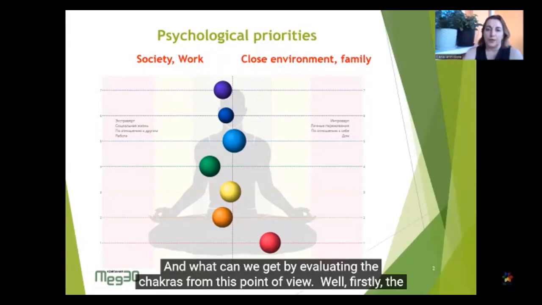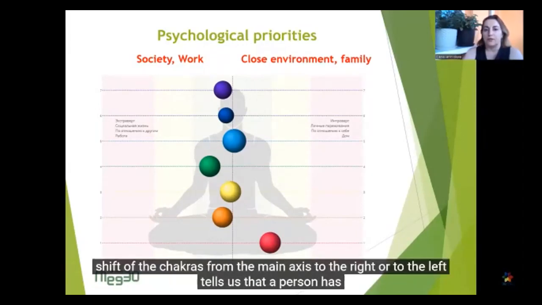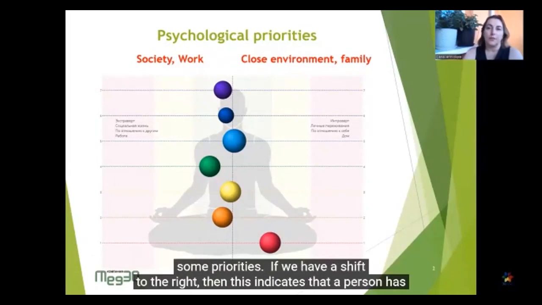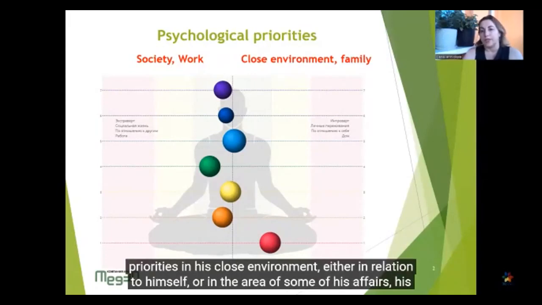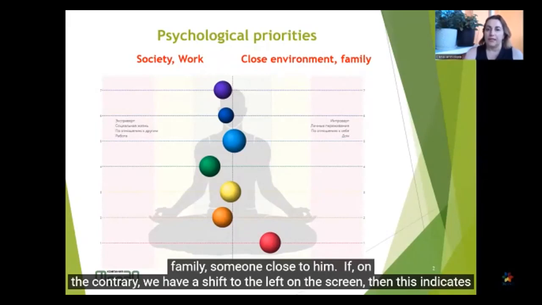First of all, the shift of the chakras from the main axis to the right or to the left tells us that a person has some priorities. If we have a shift to the right, it indicates that the person has some priorities in the close environment, either in relation to himself or in the area of some of his personal affairs, his family, someone close to him.